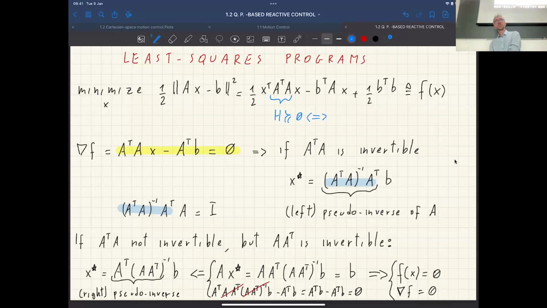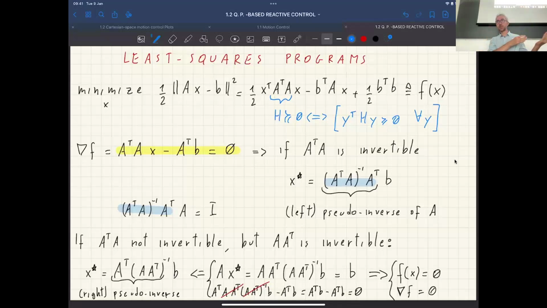If a matrix H is semi-positive definite, that's equivalent to saying that Y transpose H Y is greater than or equal to 0 for every Y. If you multiply the matrix on the left and on the right by a vector, whatever vector you want, the result is always going to be non-negative.